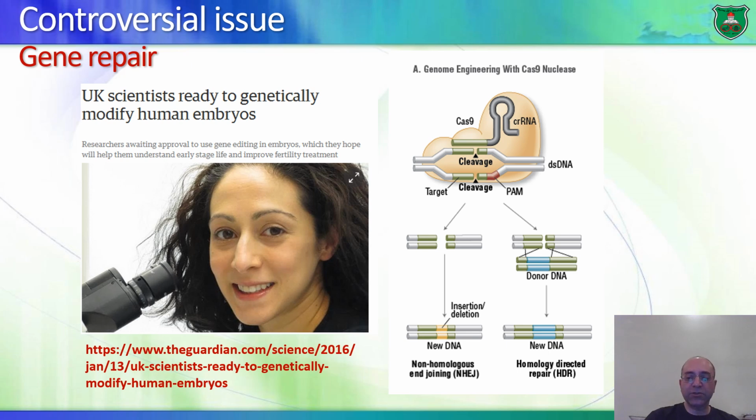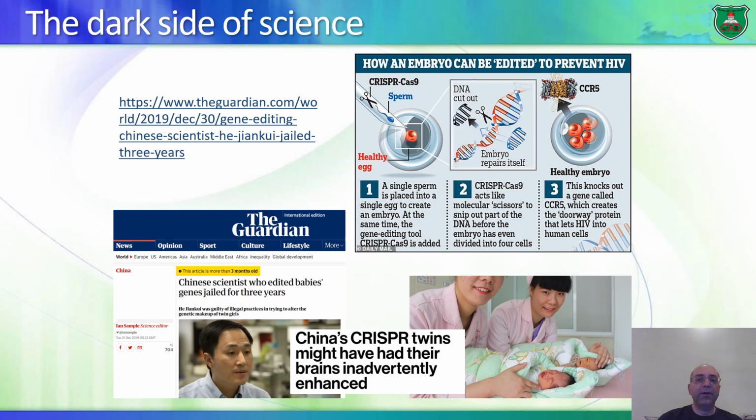Some of them are really, really cool, really earth-shattering, really great in trying to fix our DNA and treat diseases. But bad things happen as well. You can read about this as well on the net.